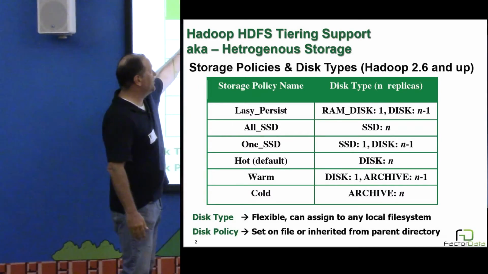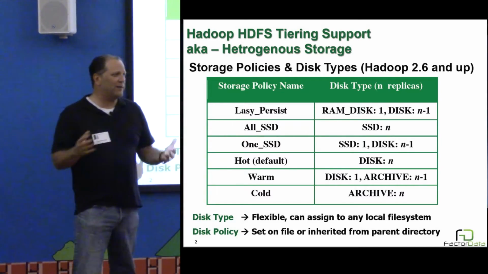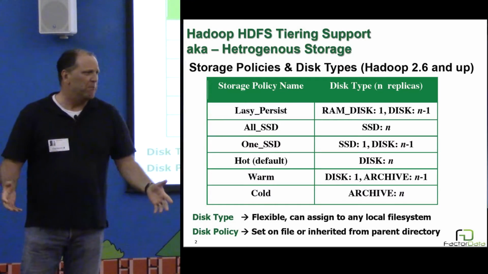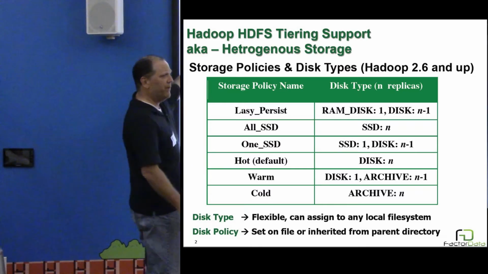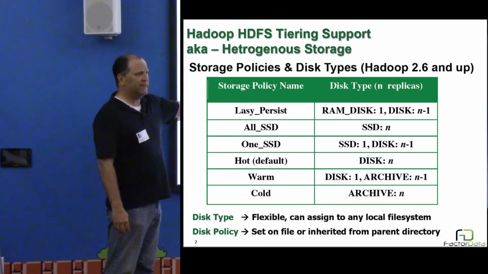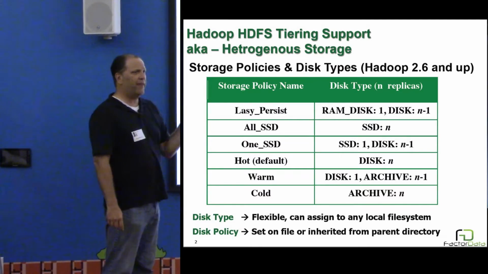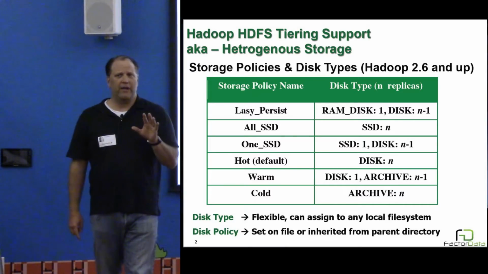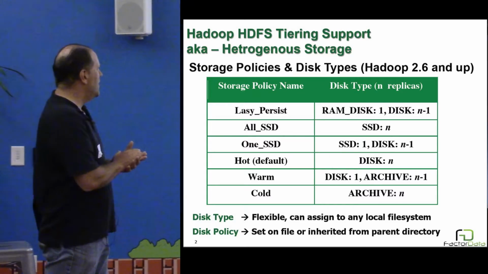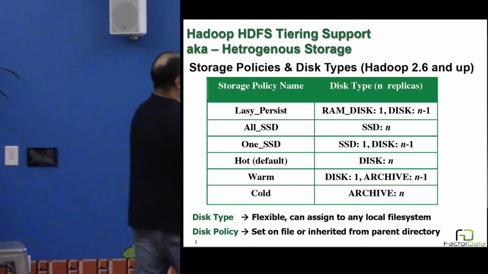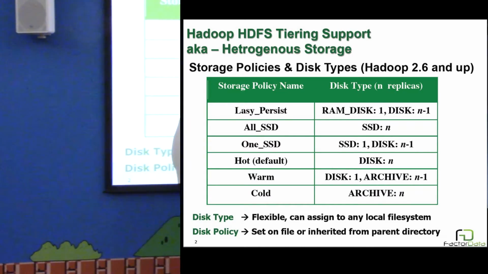The storage policy defines what storage you're actually moving the data to. So here's all the different ones. These are all built into Hadoop. You can't change them. This is static, but they are very flexible. They don't have to be a specific storage type. They're tied to the disk type that you see here, RAM disk, SSD.